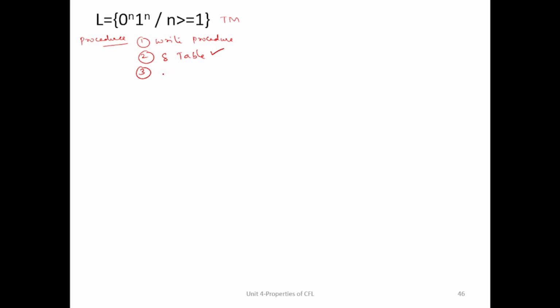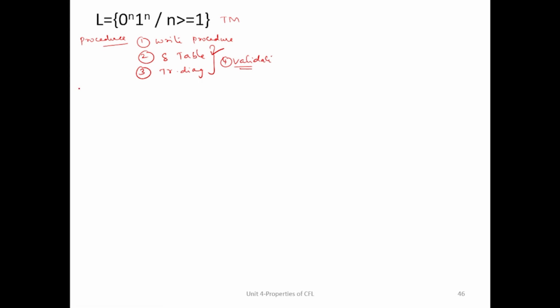Then, depending upon the tabularized notation, we should draw the transition diagram of the Turing machine, and validate the input string with the construction of the table. By using the table, we validate the correct input string. If it is a correct input string, the table should go to the final state. So this is the step-by-step procedure for implementing a Turing machine.